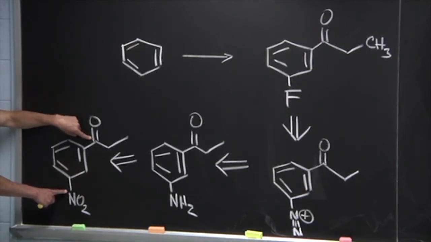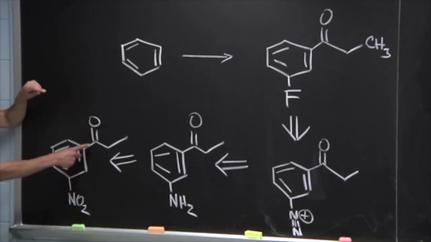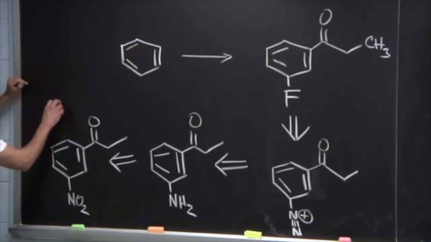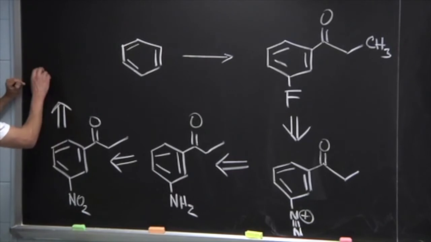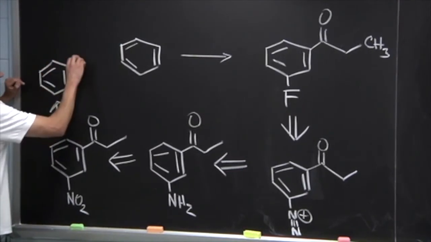But remember that Friedel-Crafts acylation and Friedel-Crafts alkylation reactions don't work on a benzene ring that's any more deactivated than a monoaryl halide, okay? And so if you tried to first nitrate and then do the Friedel-Crafts reaction, that would fail. So you want to instead do the Friedel-Crafts reaction first instead of second.